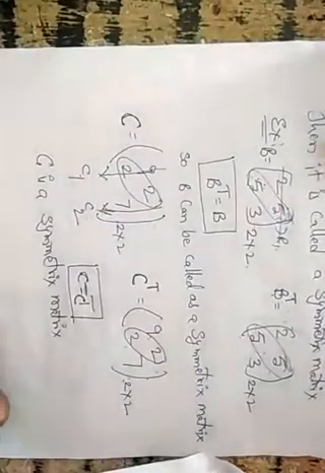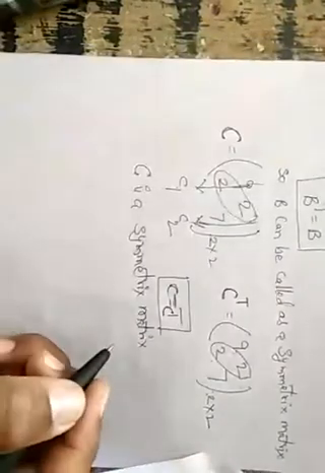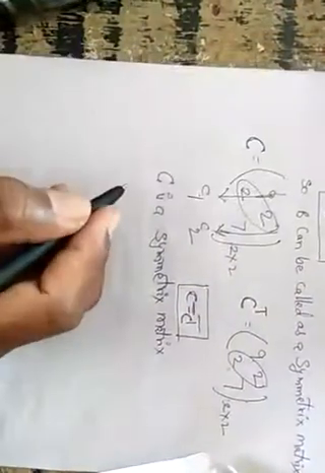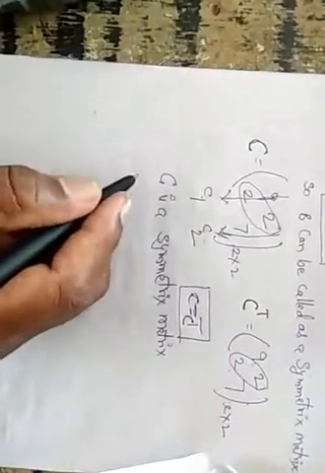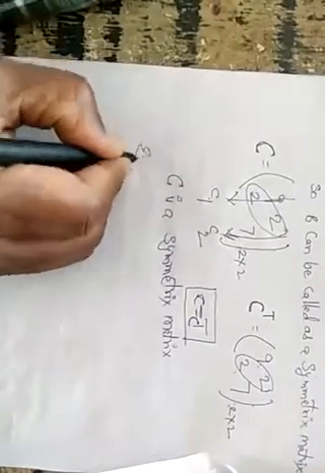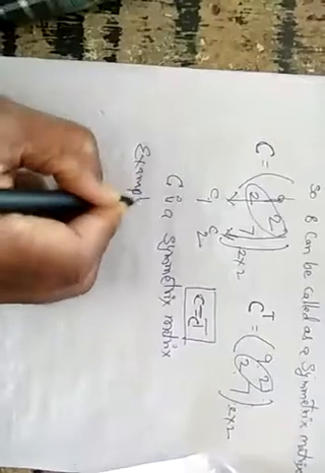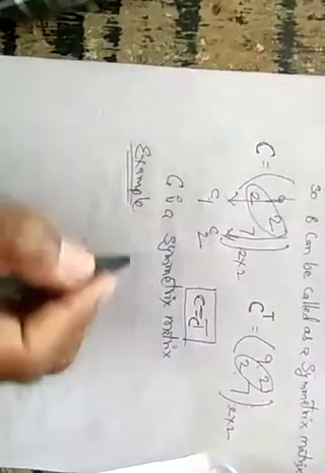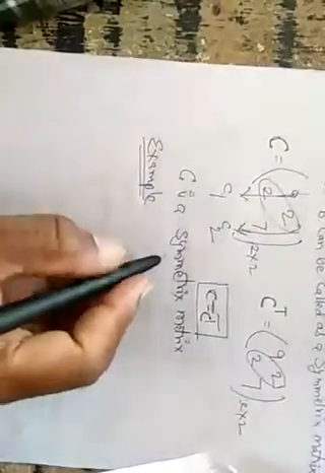So I will take another example of order 3, a third order matrix. The same principle: the left side corner elements should be equal. That is the only condition. Order 3 by 3.